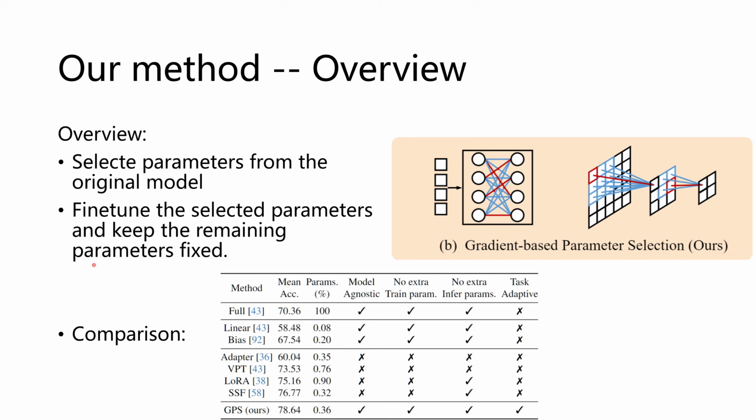By doing this, our method can be model agnostic, and we don't introduce any parameters during both the training stage and inference stage. And our method is task adaptive because we select different parameters for different tasks.